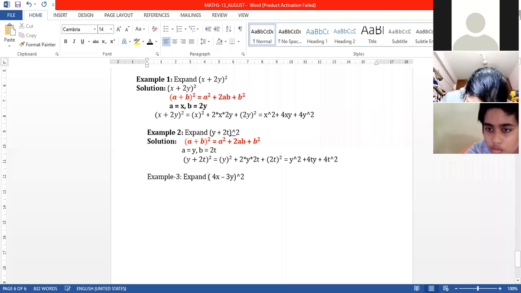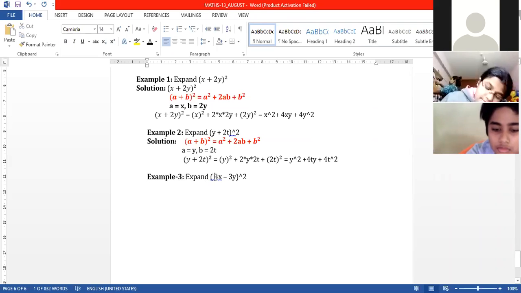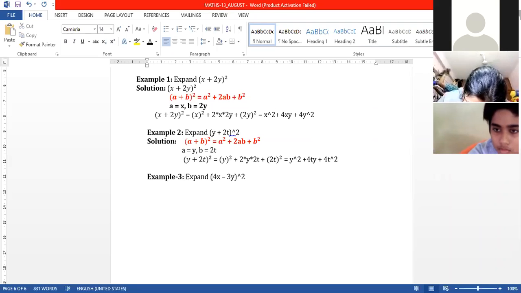Expand 4x minus 3y whole square. Now in this example, which identity I want to apply? The second or third? Third identity. A minus b whole square is equal to a square minus 2ab plus b square.